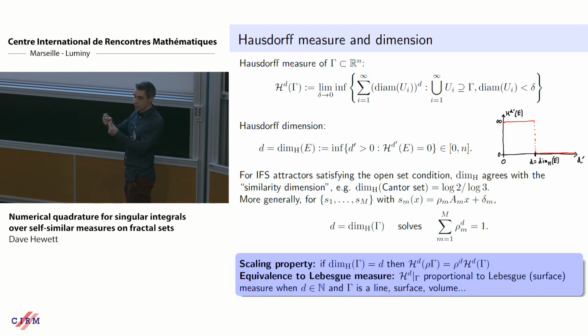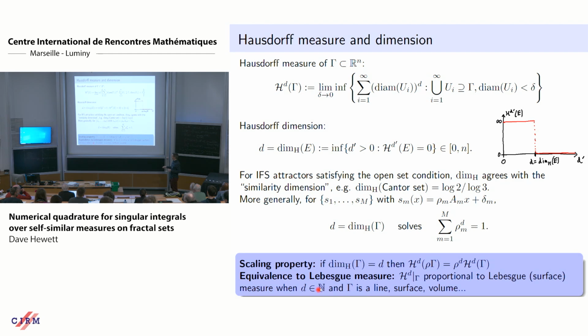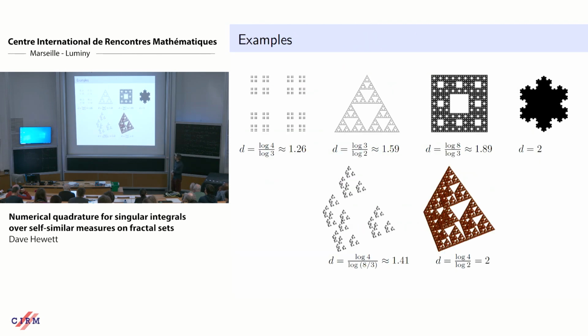Length gets scaled by rho. If we're looking at 2D integrals, area gets scaled by rho squared, and so on. And this measure is proportional to the Lebesgue surface measure when d is an integer, and gamma is some simple shape like a line or an area or a volume. As Simon already mentioned this in the context of a boundary of a Lipschitz open set.